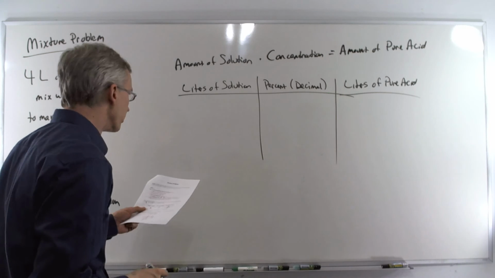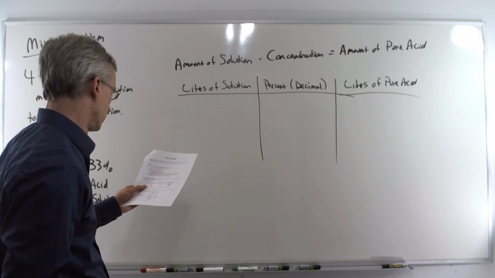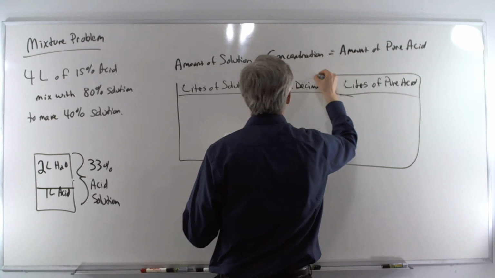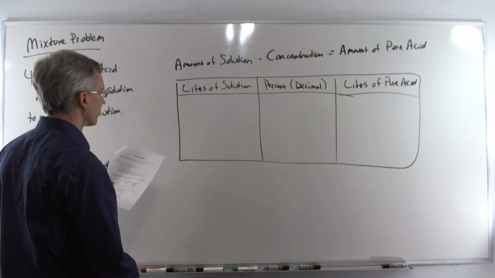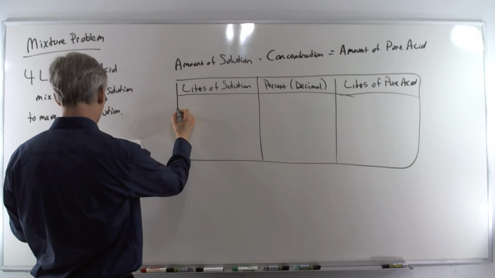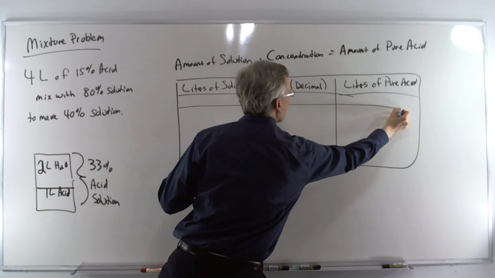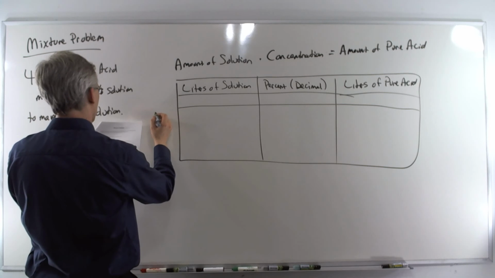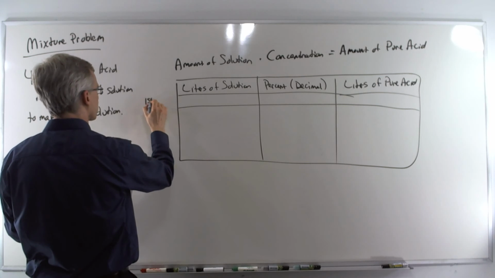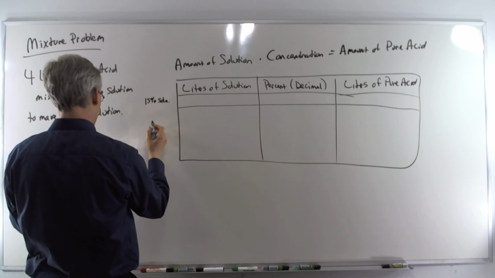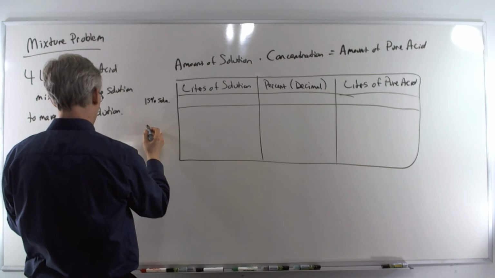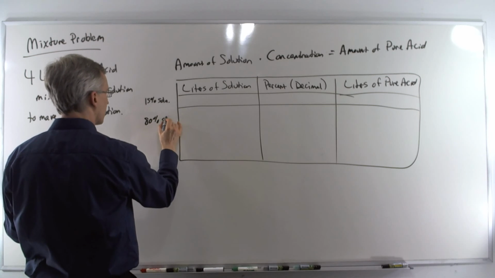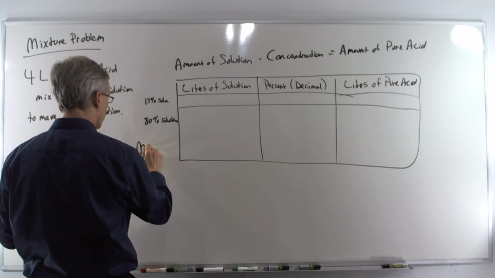Now let's fill in what we know. The way this table is set up, this will be the 15% solution. And this is the 80% solution. And this is the mixture.